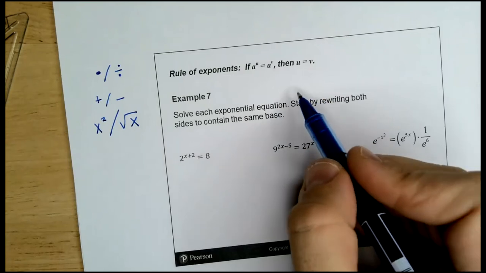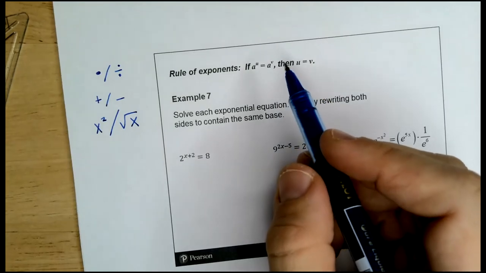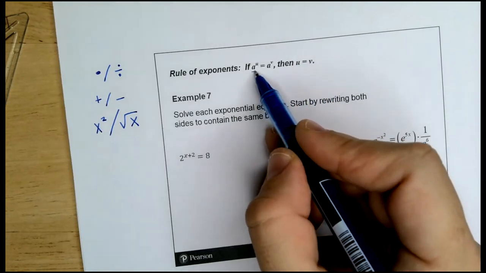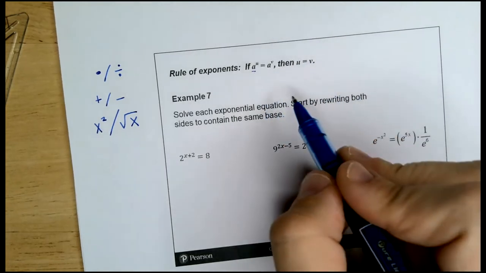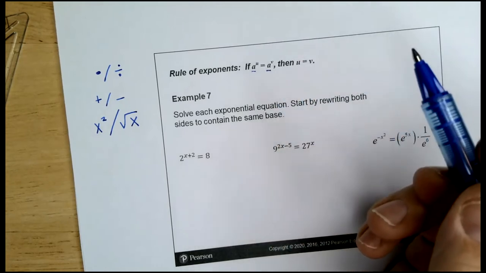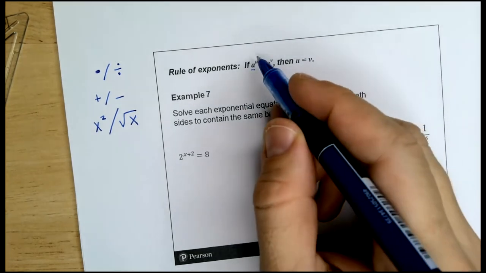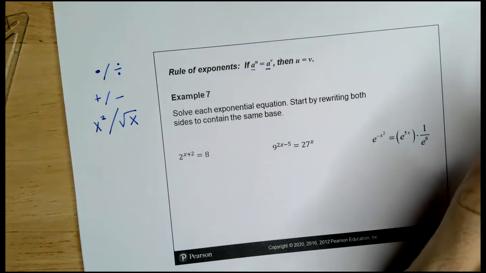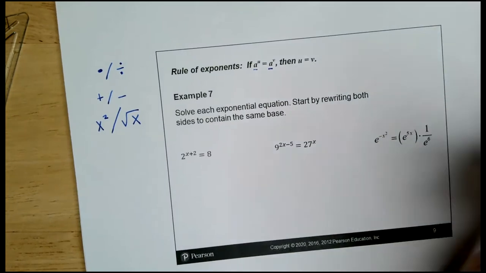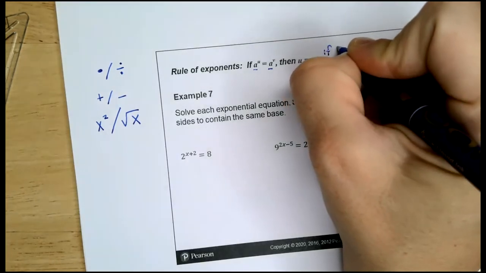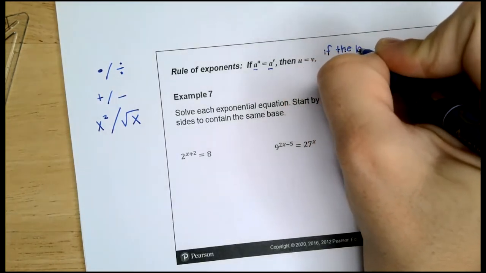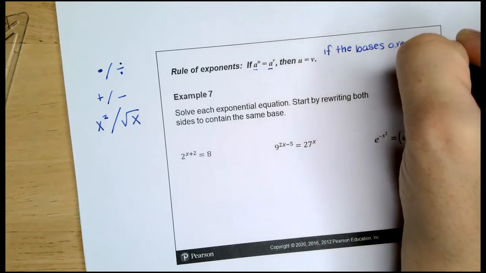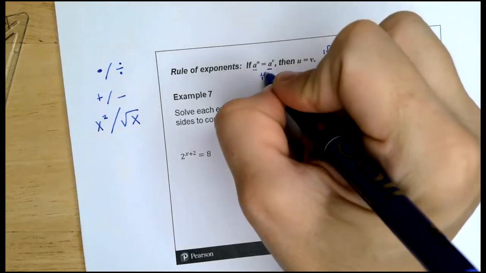So this is the first thing you can do. You can use the rule of exponents. If you have an equation and the base on the left is equal to the base on the right, then the exponent on the left must equal the exponent on the right, okay? If the bases are equal, the exponents are equal. If the bases are the same, the exponents must be equal.